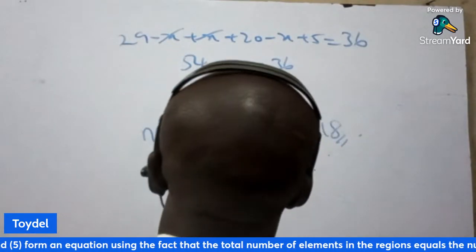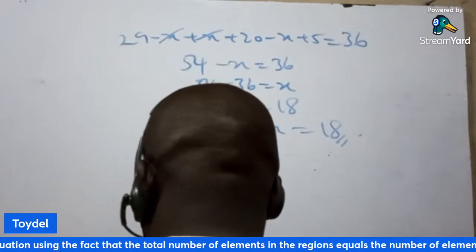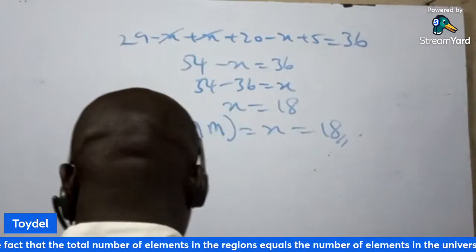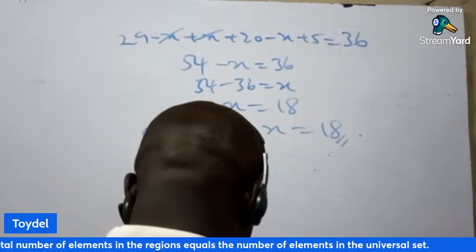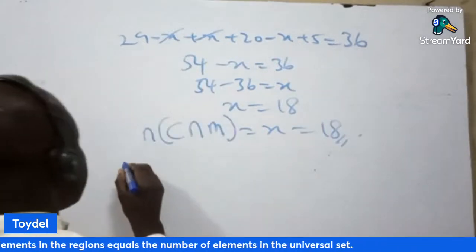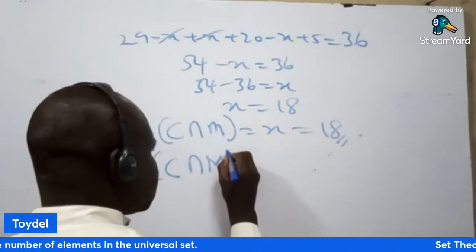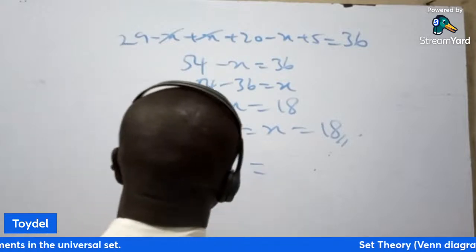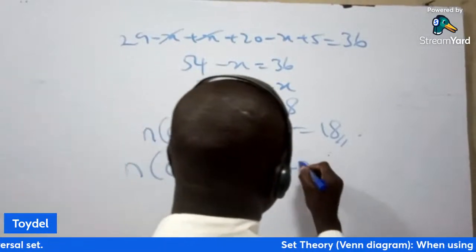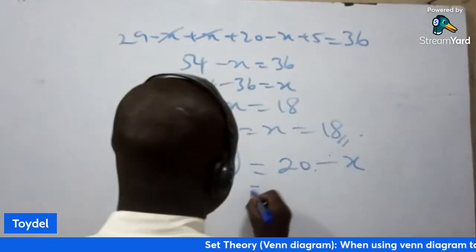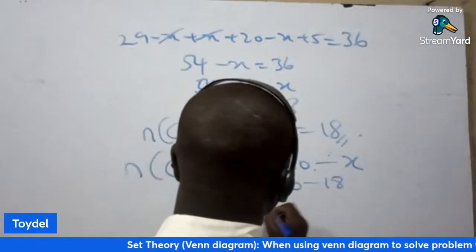So the question says that we should find the number of students that do chemistry. Is that the question? How many students do chemistry but not mathematics? That is, we want to find the number of students that do chemistry intersection not mathematics. Then that will be 20 minus X, and that will be 20 minus 18. That is 2.